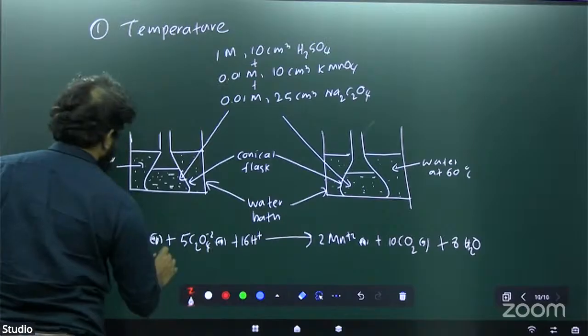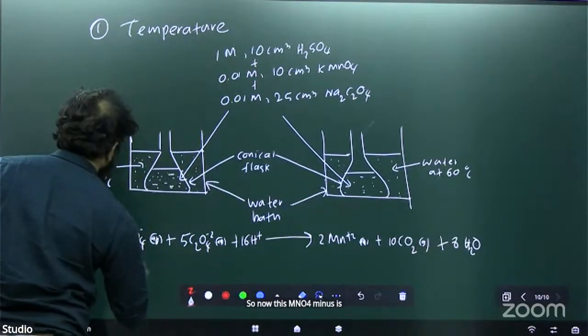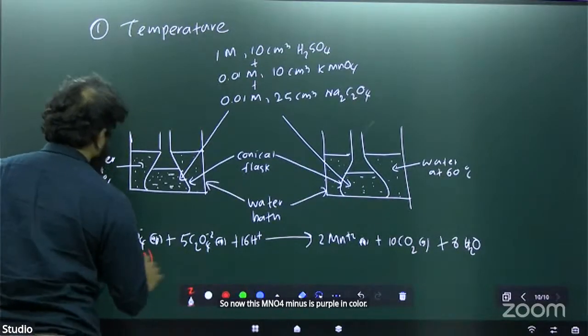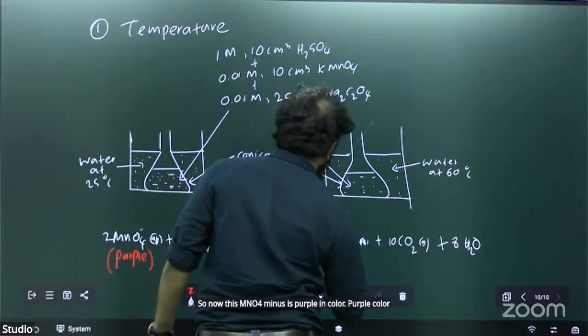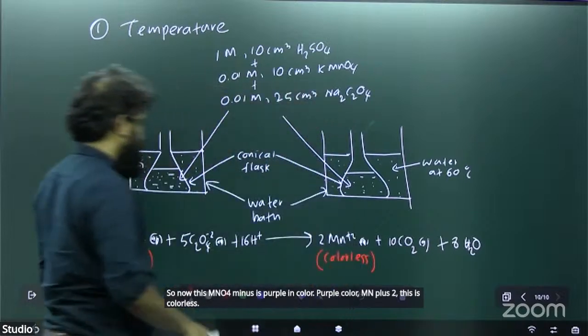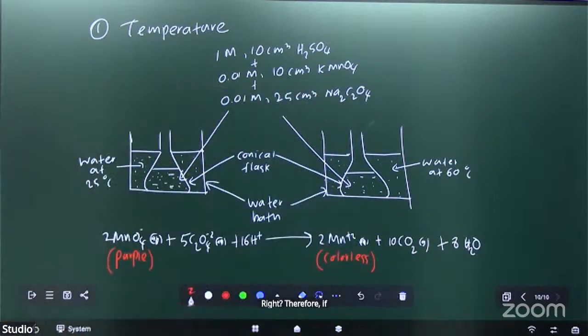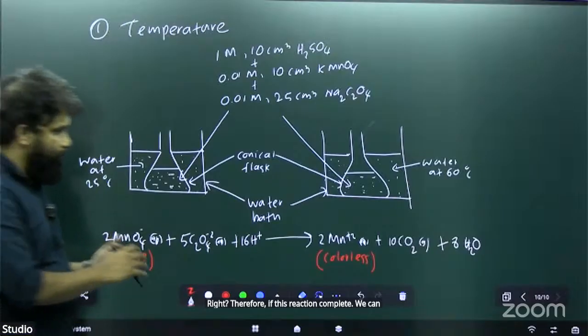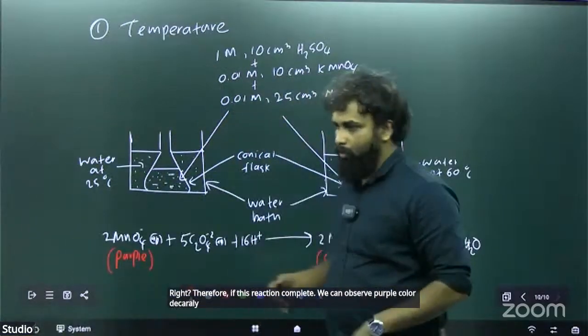So now this MnO4 minus is purple in color. Mn2+ is colorless. Therefore, if this reaction is complete, we can observe the purple color decolorize. Purple color turns to colorless.